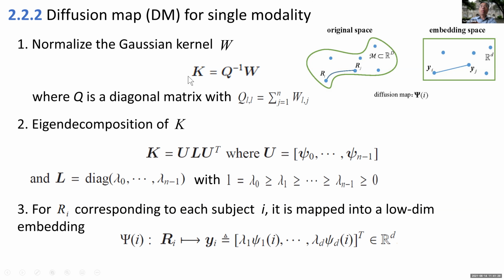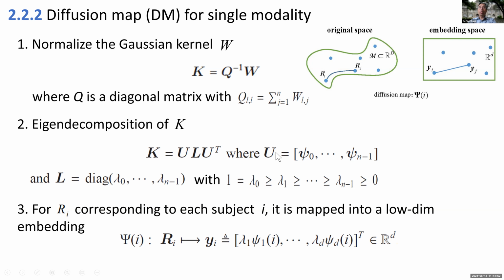First, we normalize the Gaussian kernel, where Q is the diagonal matrix, which is the sum of each row. Once we normalize the matrix, we can perform eigen decomposition.